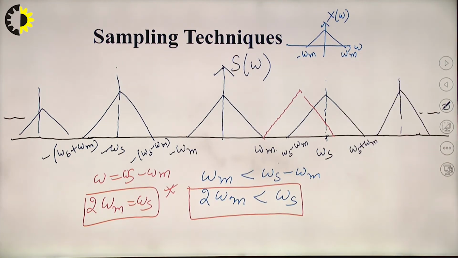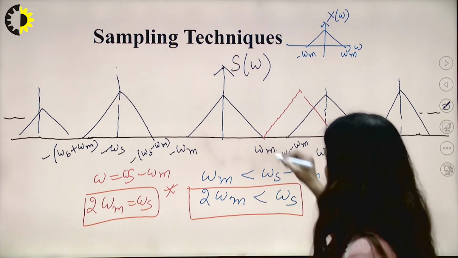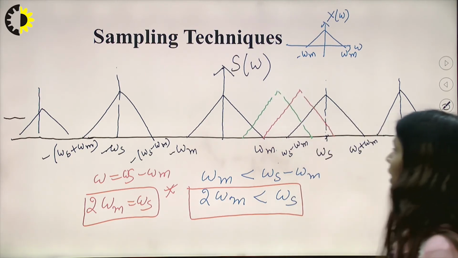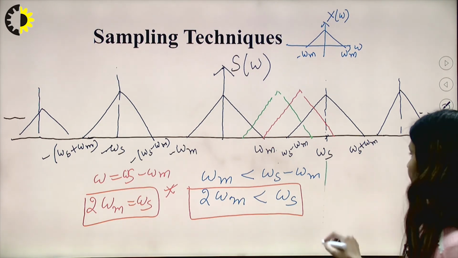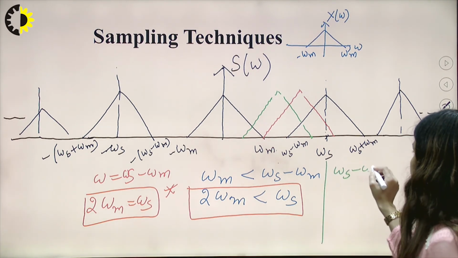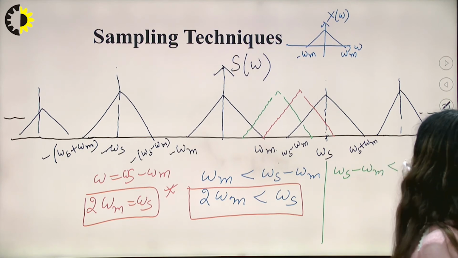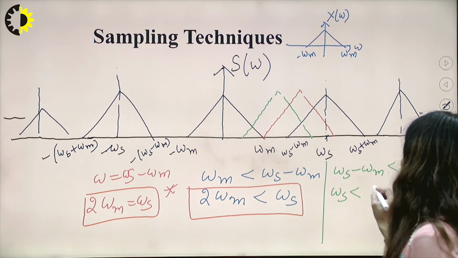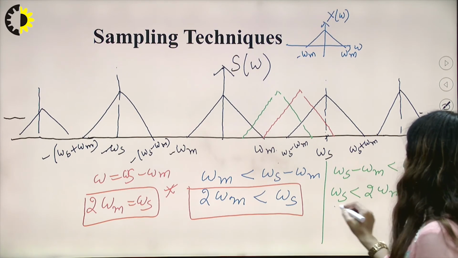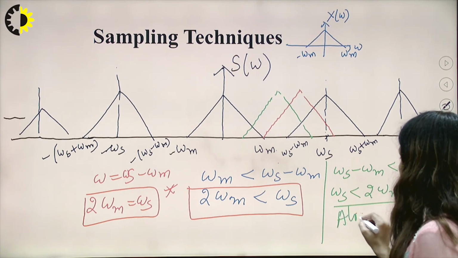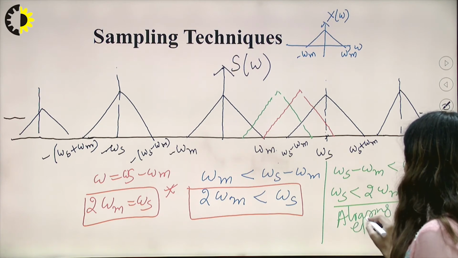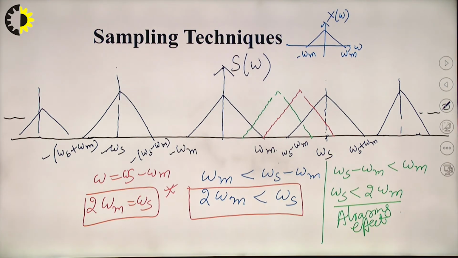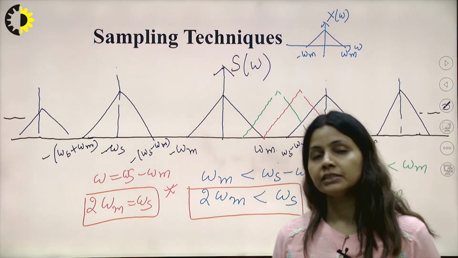Similarly, let's say the case when omega s minus omega m is less than omega m, then omega s is less than 2 omega m, and that will give the aliasing effect, and the aliasing effect is a non-desirable effect in sampling technique.